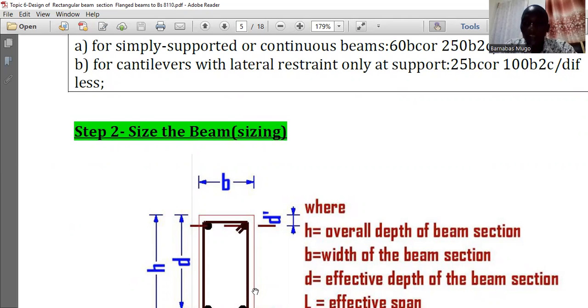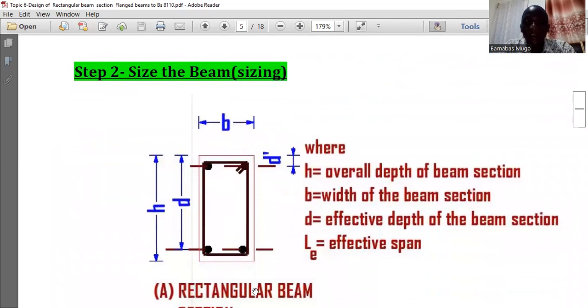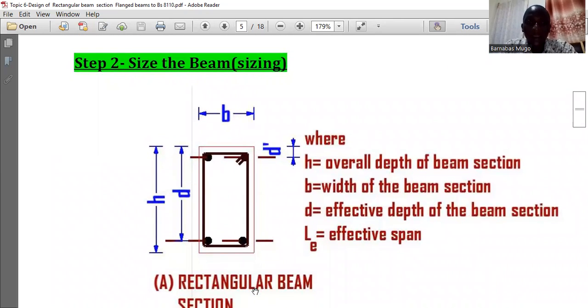Then we are supposed to size the beam, and I have just given this diagram, and I said that when you are sizing the beam, you need to determine the value of H, the value of B, and the value of D. In this case, you can see that D and H are different in the sense that H is the overall depth of that beam.